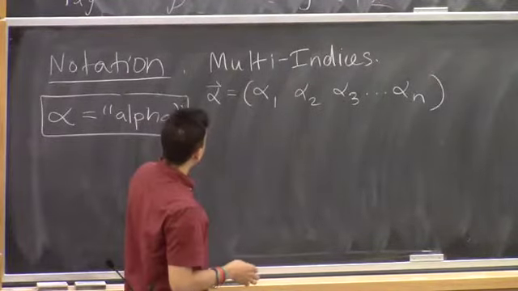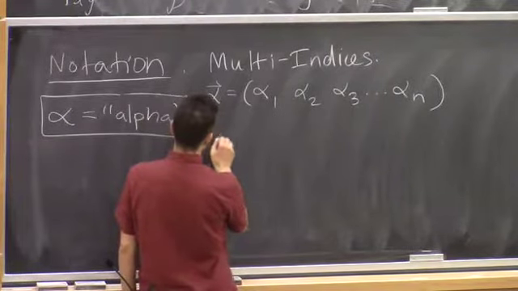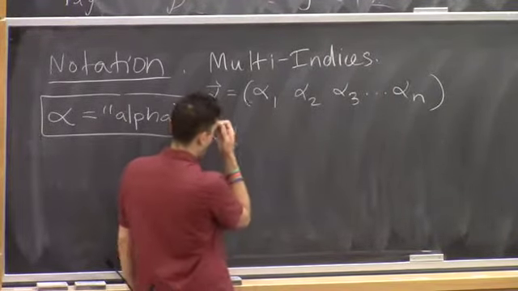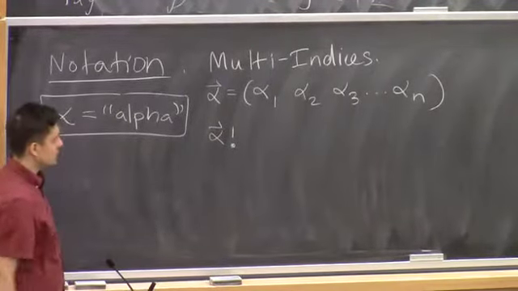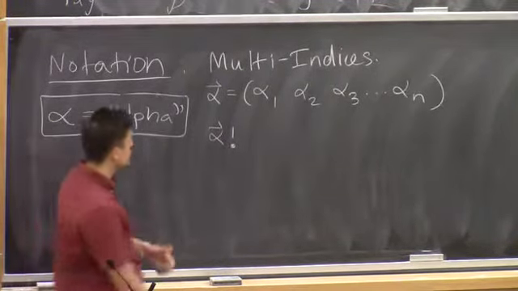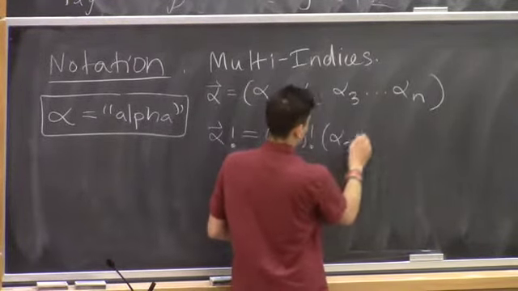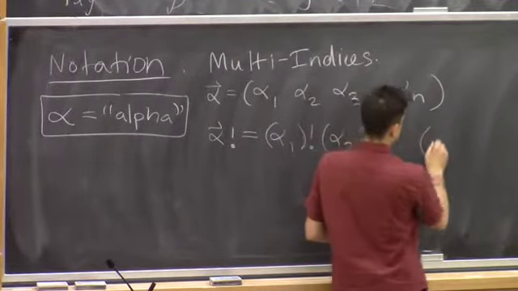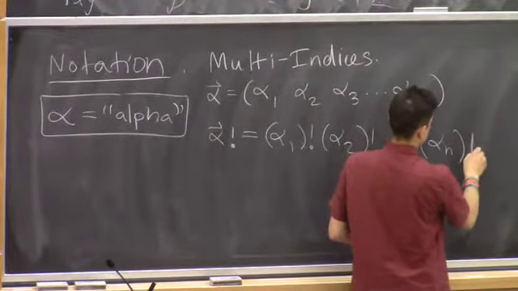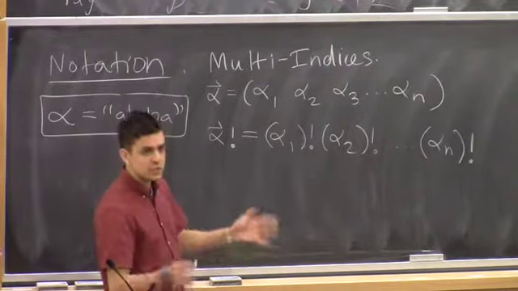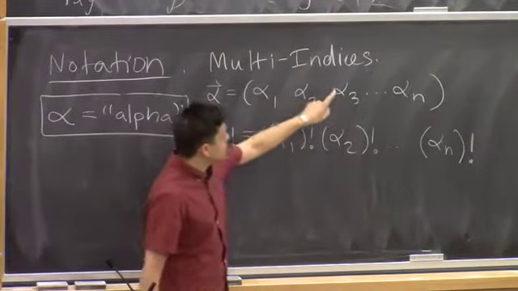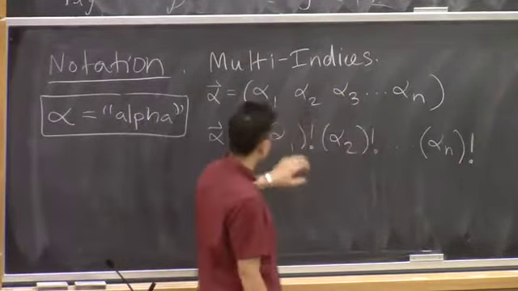Okay, so the first thing we need is the following guy. If we write one of these multi-indices with a factorial, we mean the following thing. Okay, we take each of the entries and we take its factorial. Okay, so whenever we use one of these indices, all of these will be whole numbers. So we can take factorials of them.